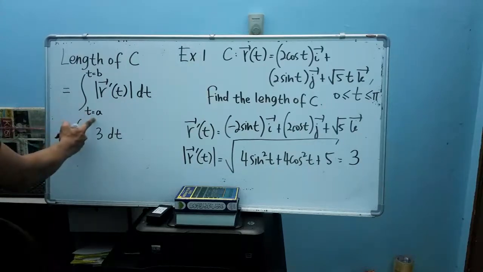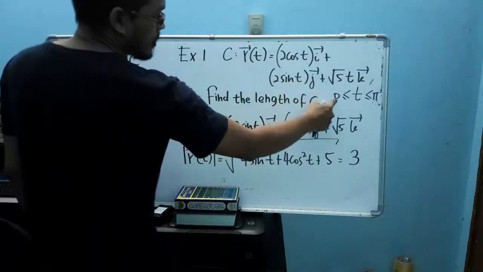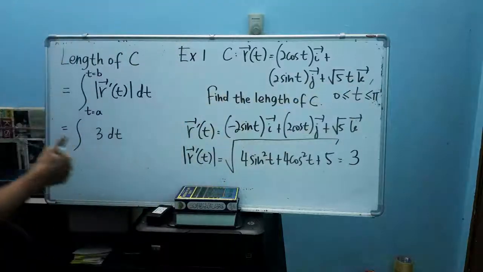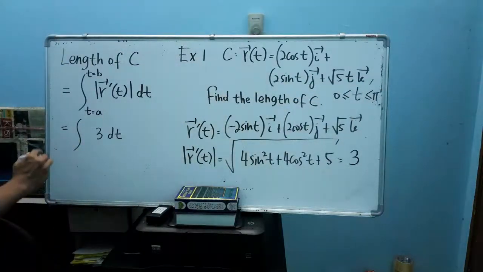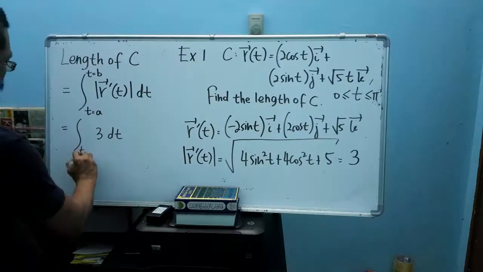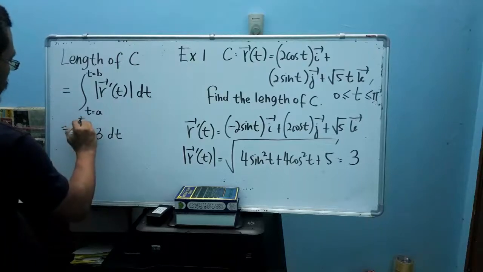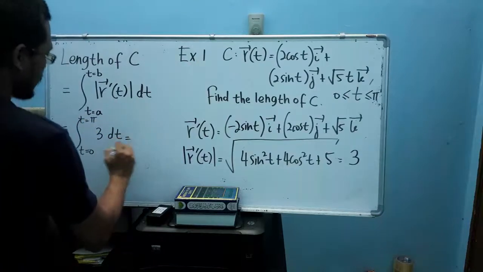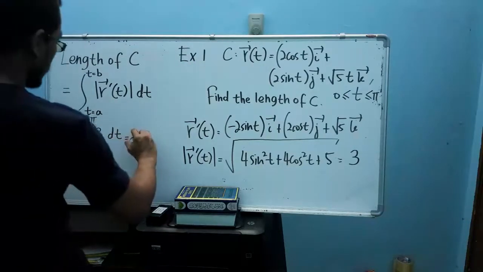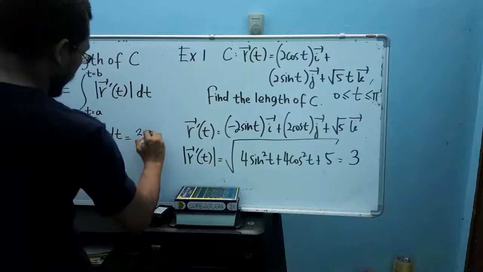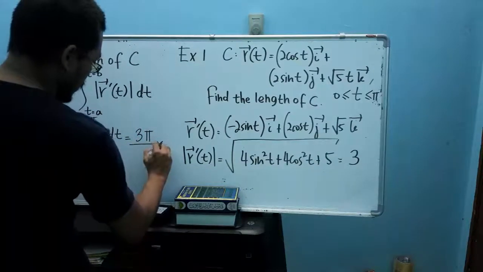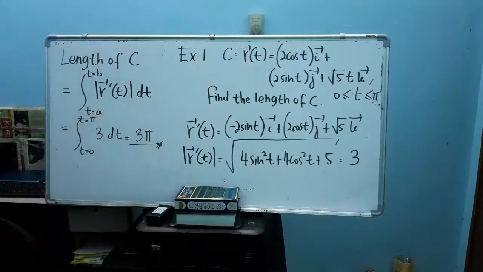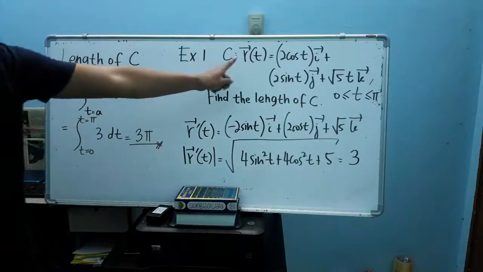You take it from your r(t), so t is starting from 0 until pi. So in the end, the answer is 3 pi. So 3 pi is the length of our C.